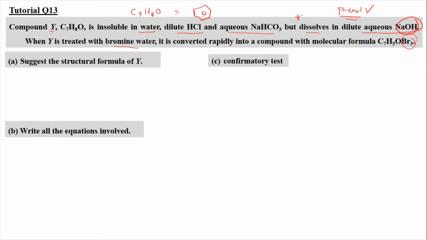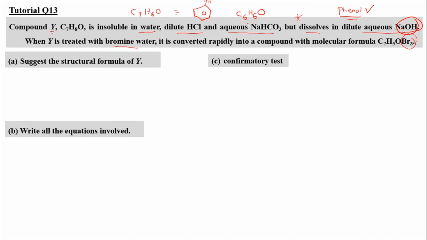Let's say my OH is here. If I count the number of carbon, I get 1, 2, 3, 4, 5, 6, so C6. For hydrogen, I get 1, 2, 3, 4, 5, and 1 here, 6. And oxygen, I get O, because there is 1 oxygen here.